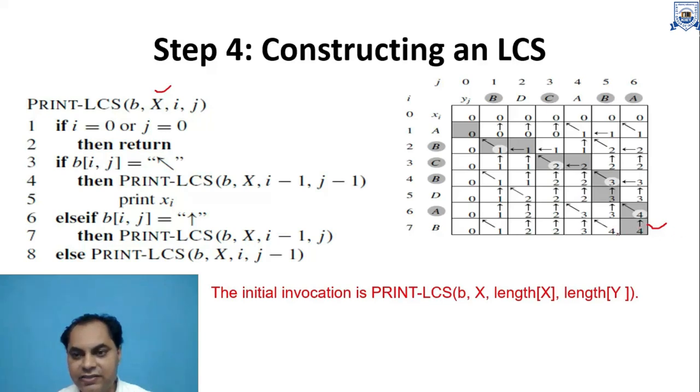So it is 7 6. So it starts from this end. After starting from this, if any value I or j becomes 0, then it would return. Otherwise, there is a recursive call, and it totally depends on the direction of the arrow. That means after following that particular arrow, you call the new one.